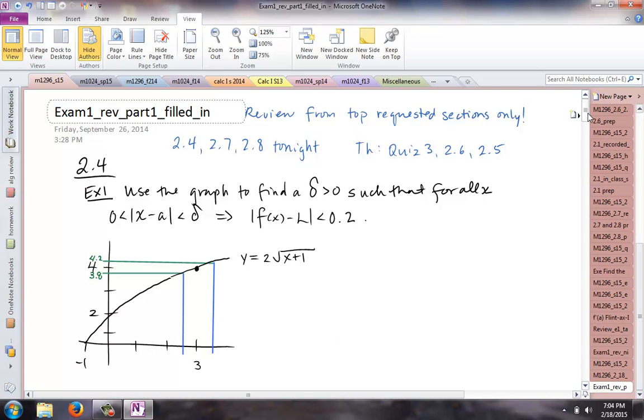And then we have some green lines here that are actually showing something that was given too. Notice that the dot that's on the curve is at the point 3, 4. And you're given the definition, by the way. I don't have it on here, but you're given the precise definition of a limit, and that's where a lot of this notation is coming from.